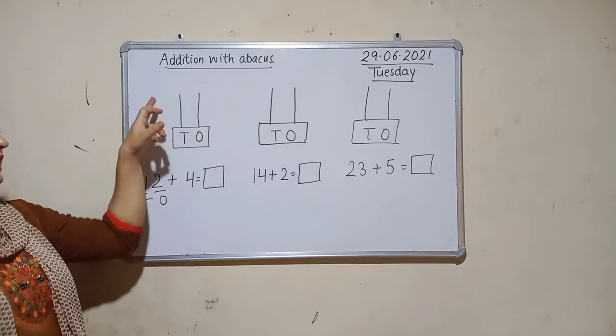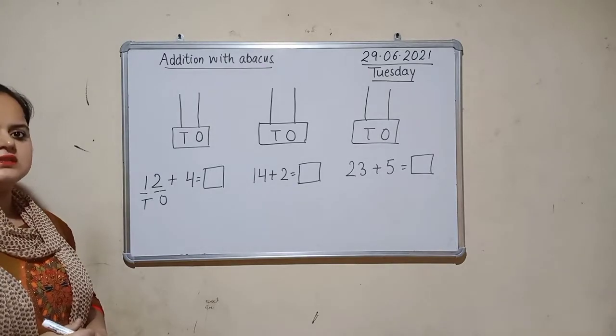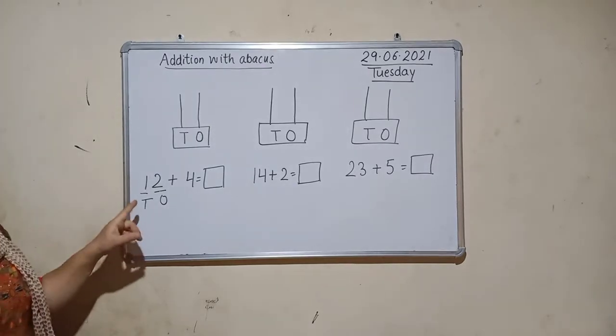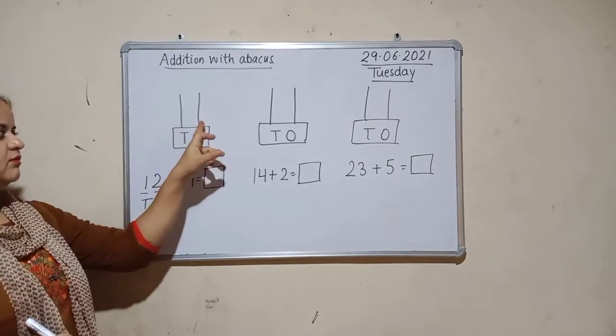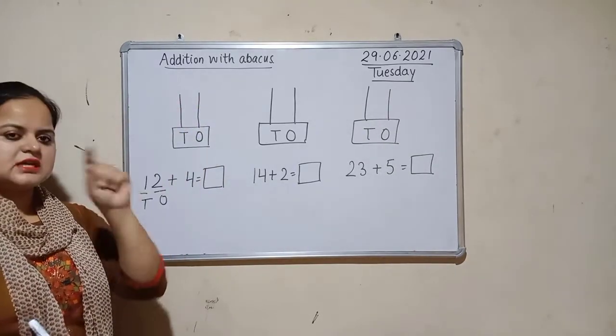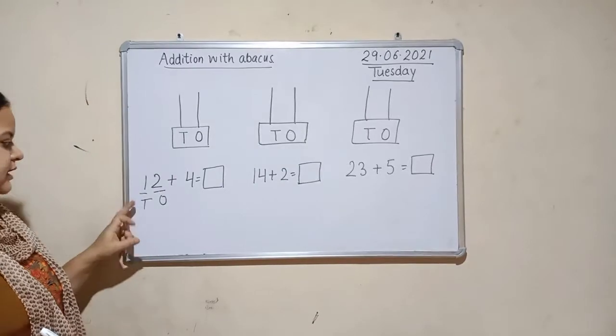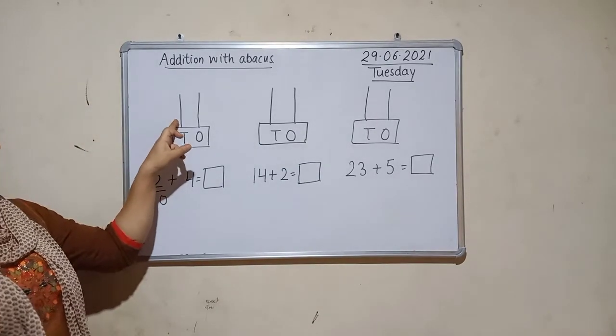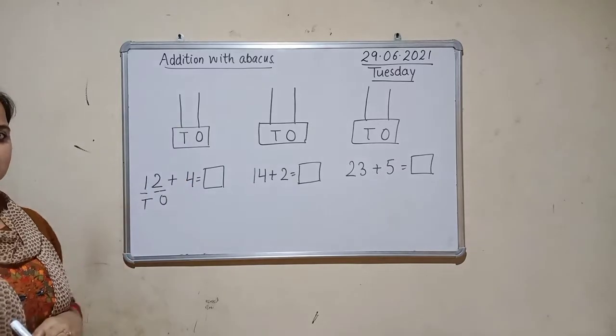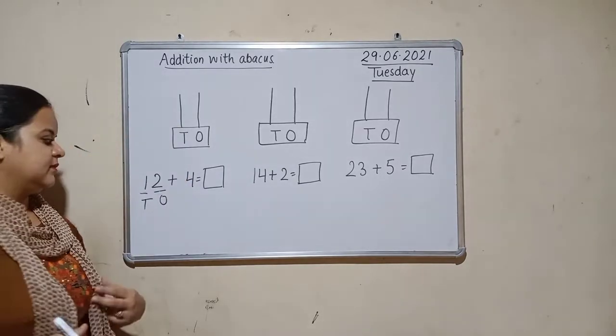This is ones side and this is tens side. So whichever number is placed on ones place, we will make that many beads here, and whichever number is tens, we will make the beads here on tens side.